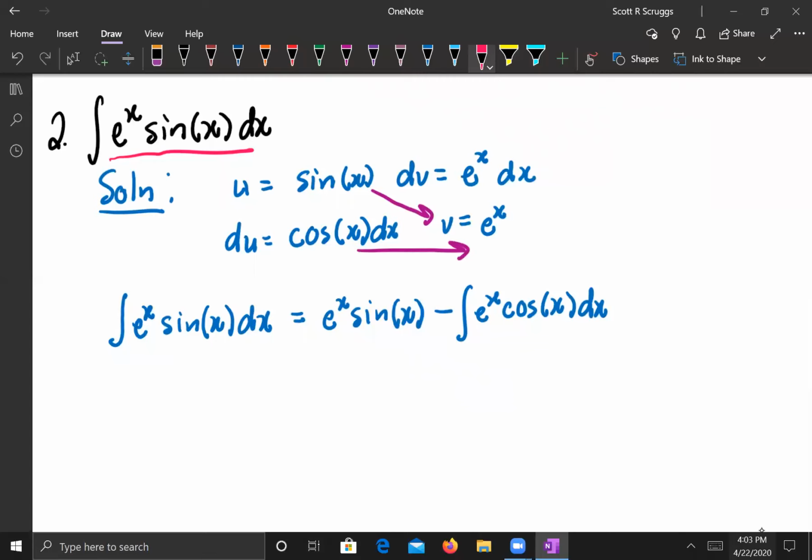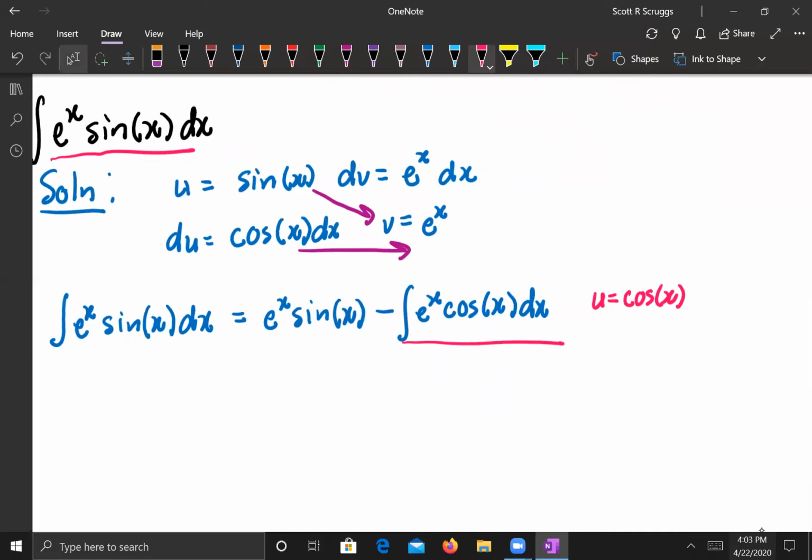All right, so I have to use integration by parts again on that integral. Again, I still have an exponential, so that means I'll choose cosine for my u, and I will choose for dv exponential since I have the highest hierarchy.